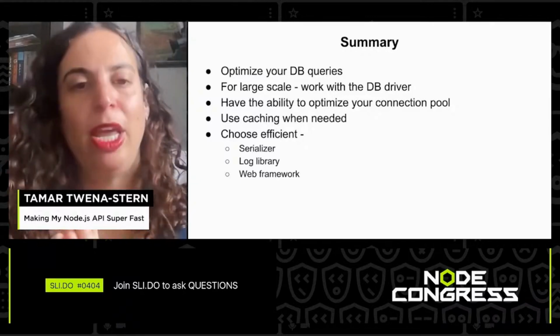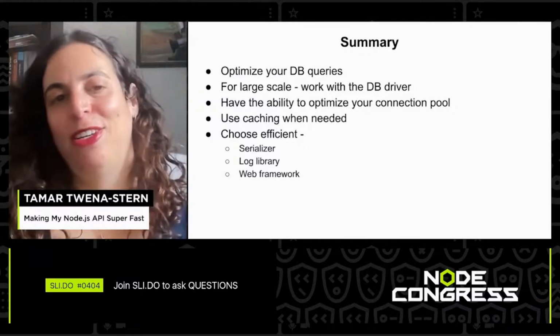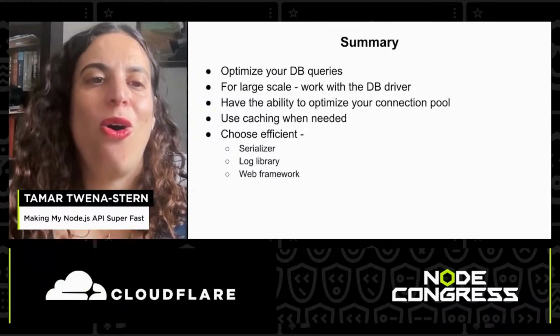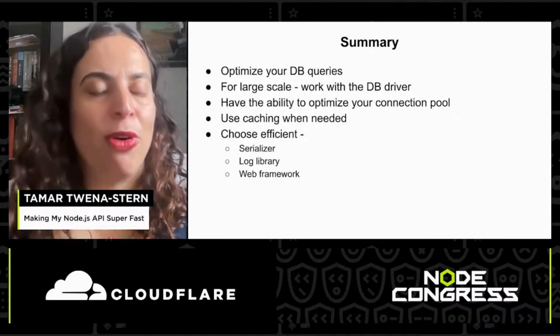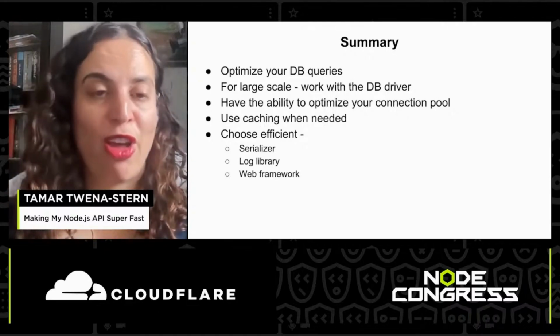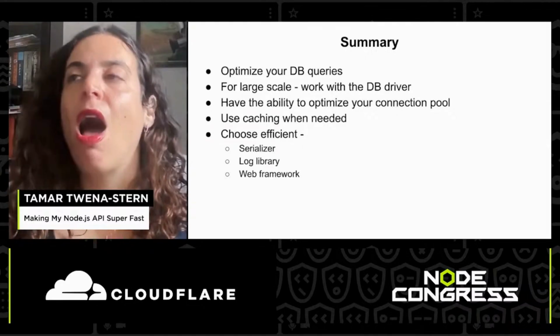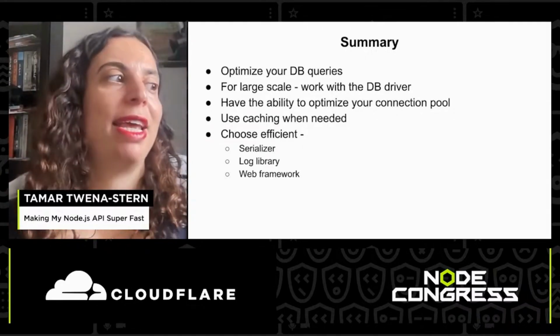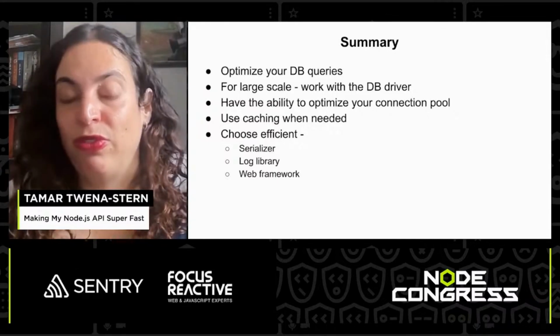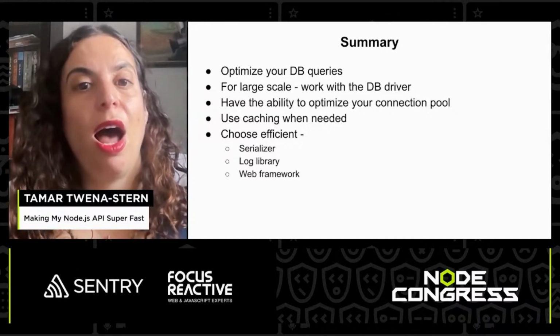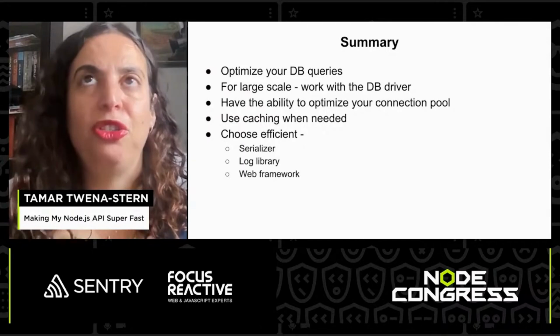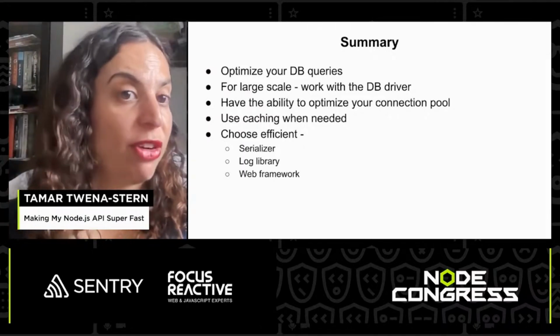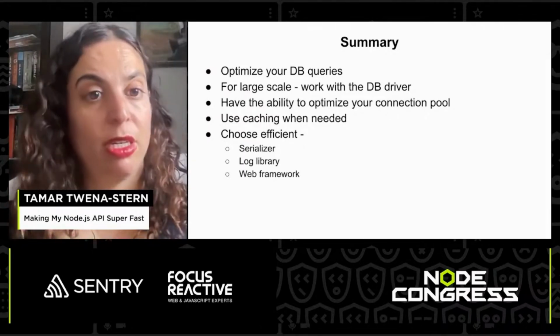Okay, we are at the end of this, which is good. So let's do a quick summary of everything that we've seen. Optimize DB queries. Make sure you have an efficient DB architecture, as we've talked about. Better to work with native DB drivers at large scales.